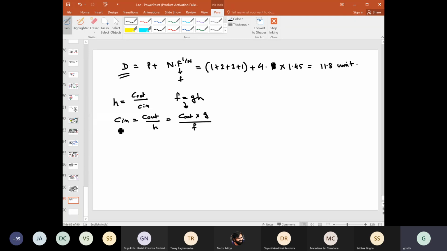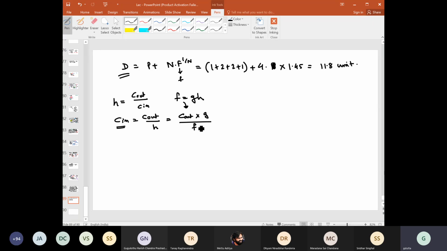See here, to find any input capacitance, we should know the output capacitance, we should know the logical effort. At the same time, we should know the value of small f.